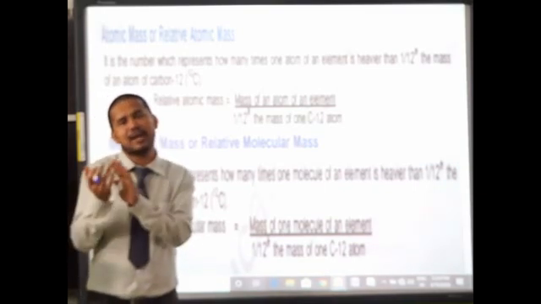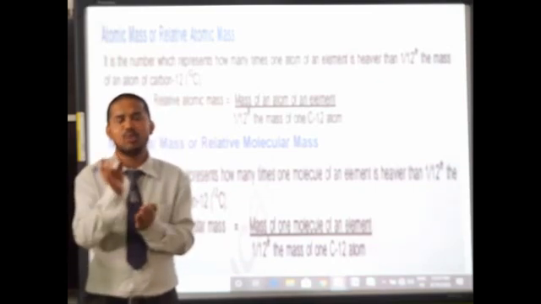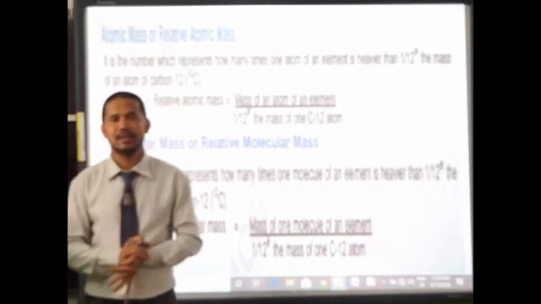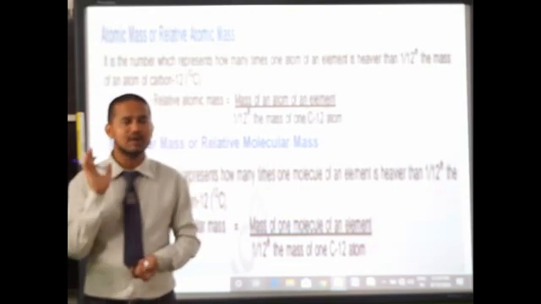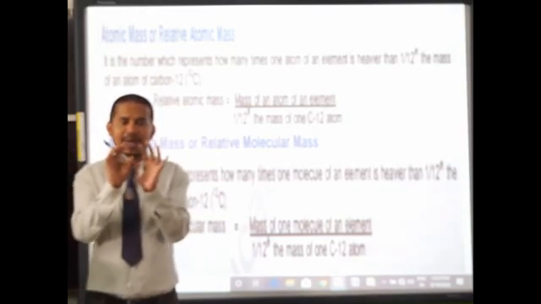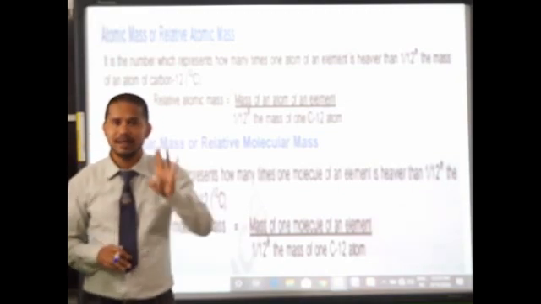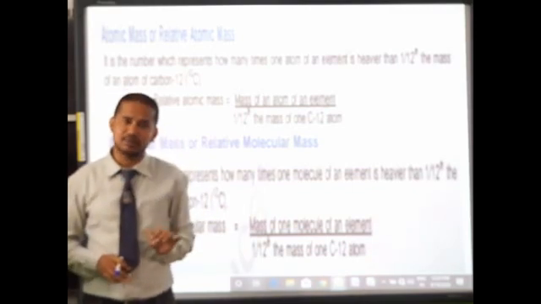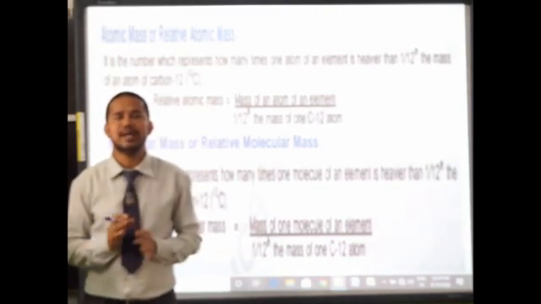For example, the relative atomic mass of oxygen is 16 AMU, meaning one atom of oxygen is 16 times heavier than 1/12 part of a carbon-12 atom. This way we measure relative atomic mass.